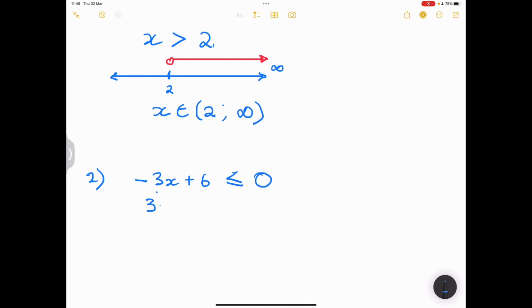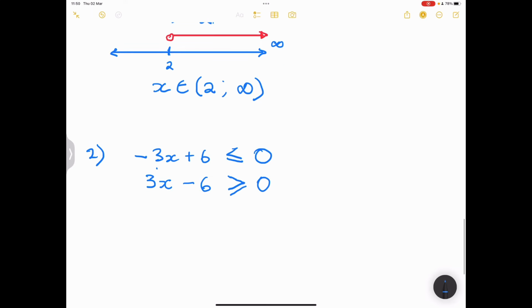I'm going to have 3x minus 6. But remember, once I multiply by a negative, the inequality sign changes. Can you see it was less than? Now it's going to change to greater than or equal to 0. So now I've got 3x.